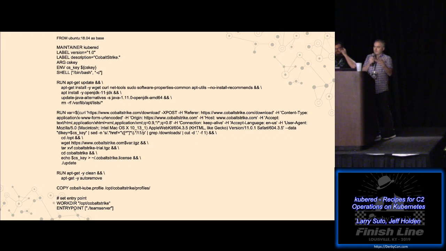In the GitHub there's going to be a section for Dockerfiles, and for each C2 there's going to be a Dockerfile so you can build an image for it. For Cobalt Strike you need a license, so some of the images won't be available online because you'll have to build it yourself. I'll add that to the script, where you can compose your own Dockerfile and upload it to your own private Docker Hub.